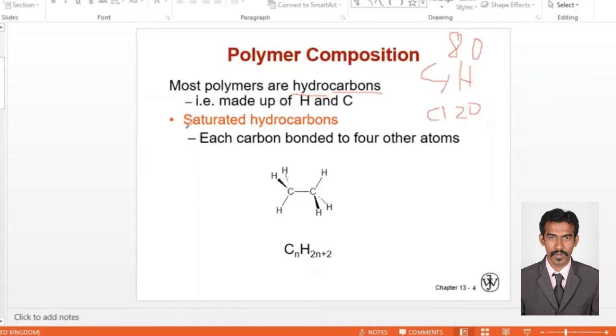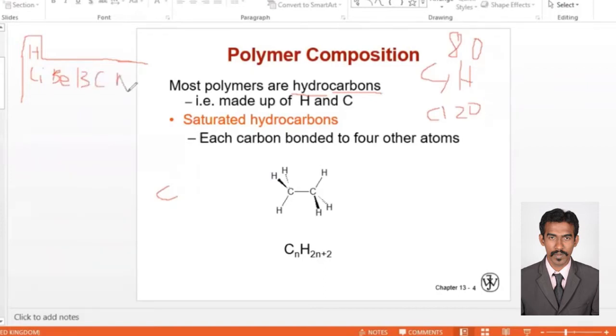Then we come to saturated hydrocarbons. Now you need to recall the valence number of carbon. In the periodic table, hydrogen, then lithium is the first group, beryllium second, boron third, and carbon fourth.